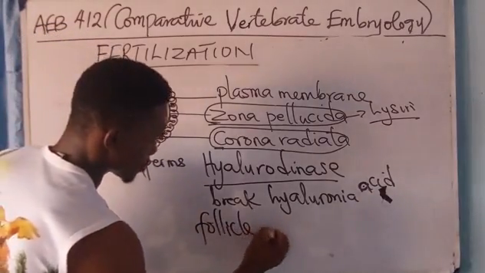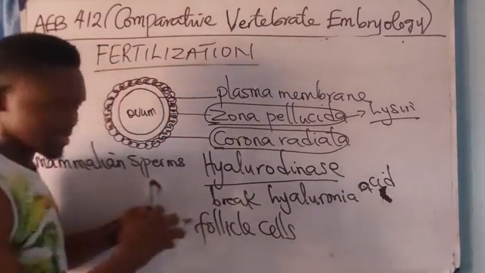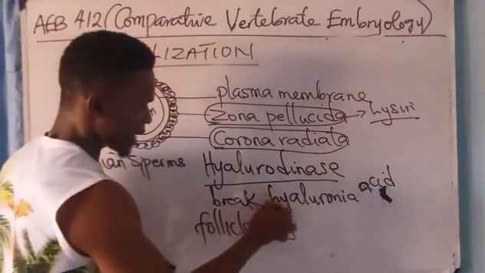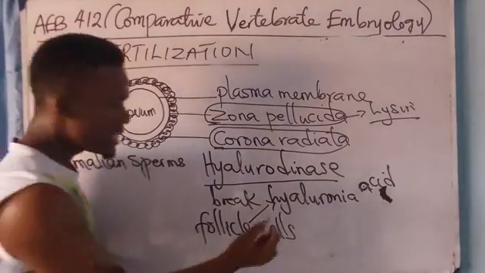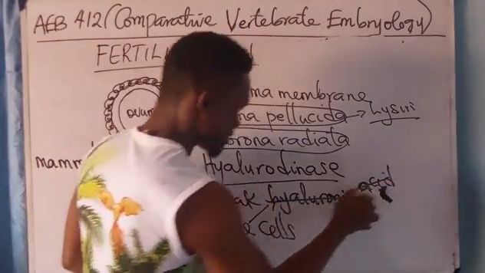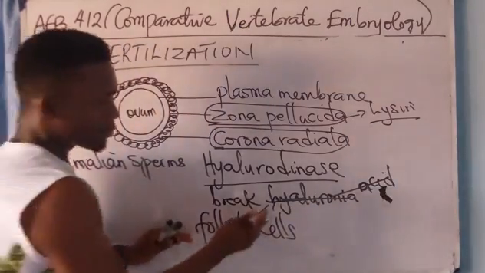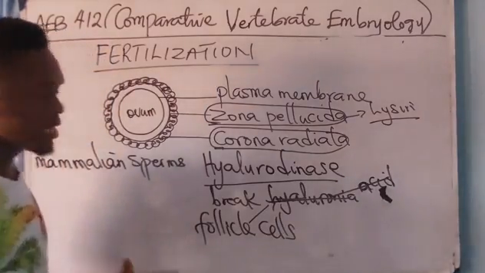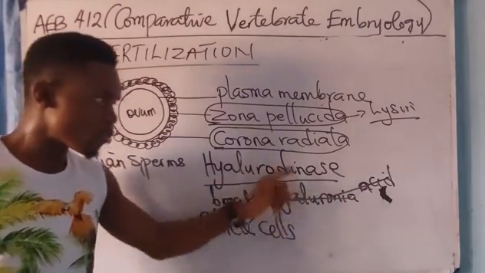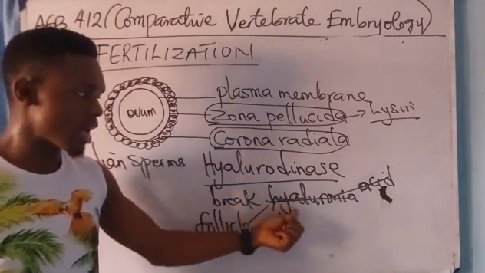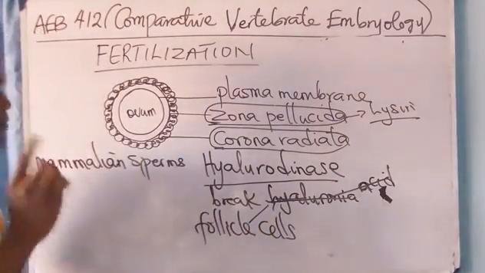I told us that the follicle cells are found surrounding the egg, and these follicle cells are cemented together by this what? Hyaluronic acid. The first thing it will do is to break this barrier that joins these follicle cells together. After breaking it, it is able to penetrate the egg successfully. Don't forget this enzyme, hyaluronidase. What does it do? It breaks down this hyaluronic acid that cements the follicle cells together. Please take note of that.